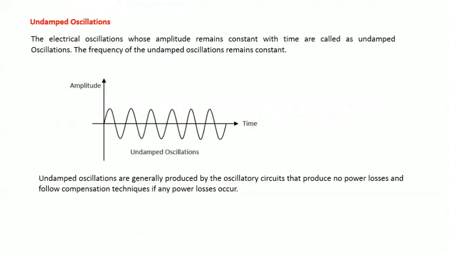The second is undamped oscillations, in which the amplitude remains constant with time. The undamped oscillations are generally produced by oscillatory circuits that have no power loss, or that follow compensation techniques if any power loss occurs.